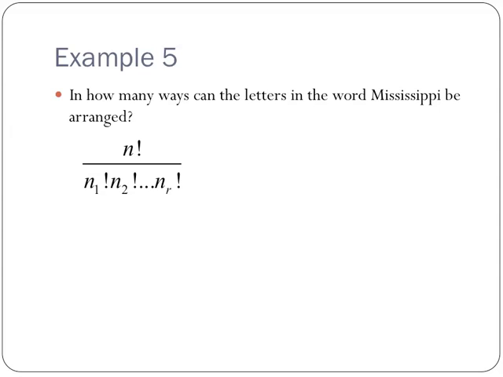So imagine taking the letters in Mississippi, and if you were to take the third and the fourth letters and swap them, we would say that swapping those two letters makes those two arrangements indistinguishable from each other.